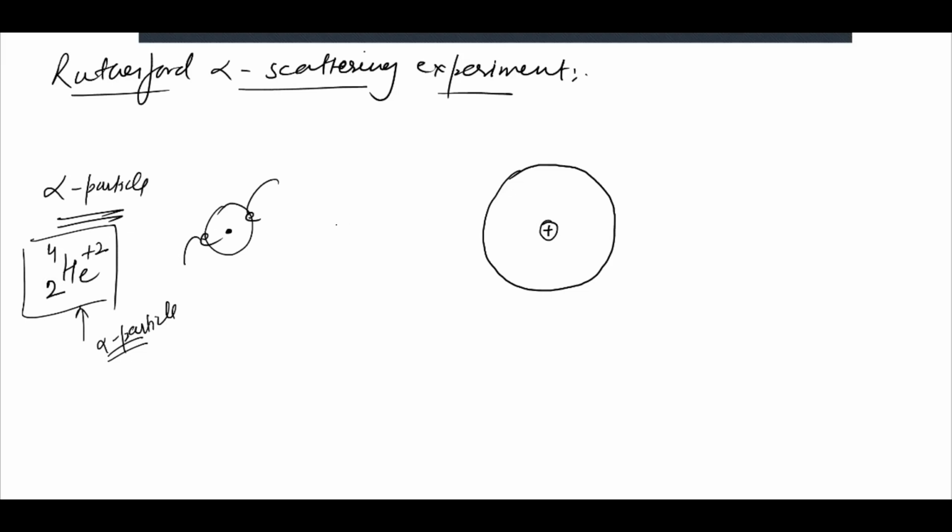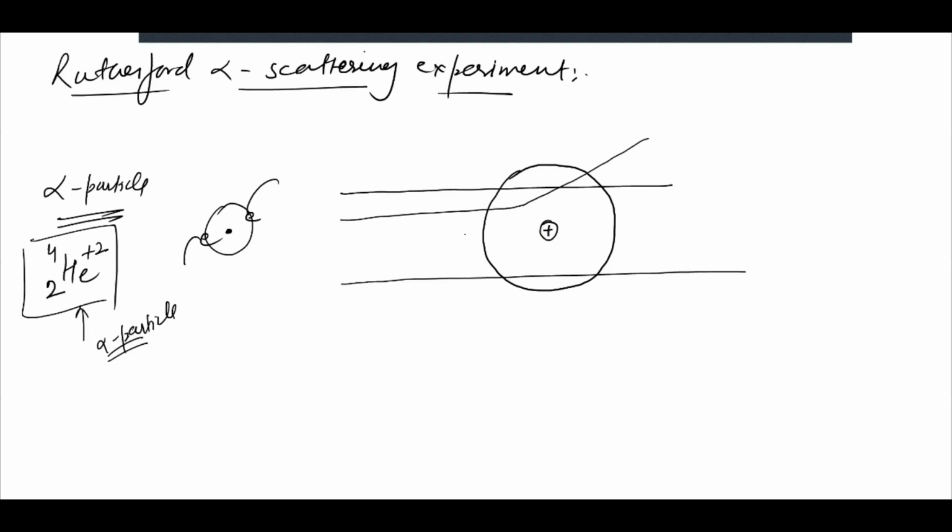When we bombard the gold foil with alpha particles, most of the alpha particles pass through the gold foil undeflected. Some of the alpha particles got deflected at small angles.